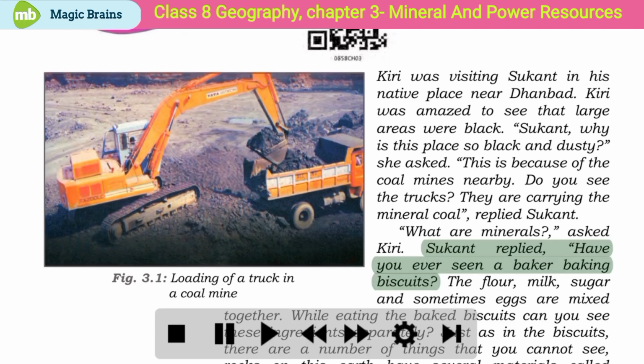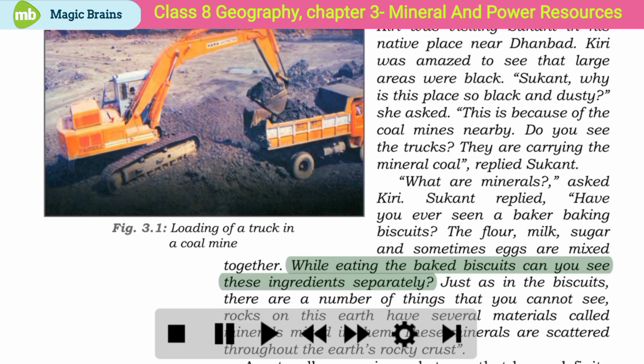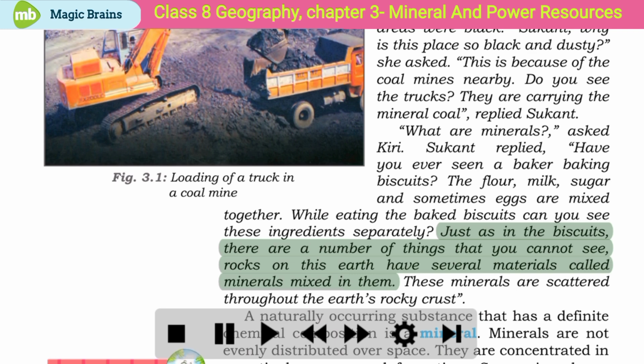Sukant replied, "Have you ever seen a baker baking biscuits? The flour, milk, sugar and sometimes eggs are mixed together. While eating the baked biscuits, can you see the ingredients separately? Just as in the biscuits, there are a number of things that you cannot see.